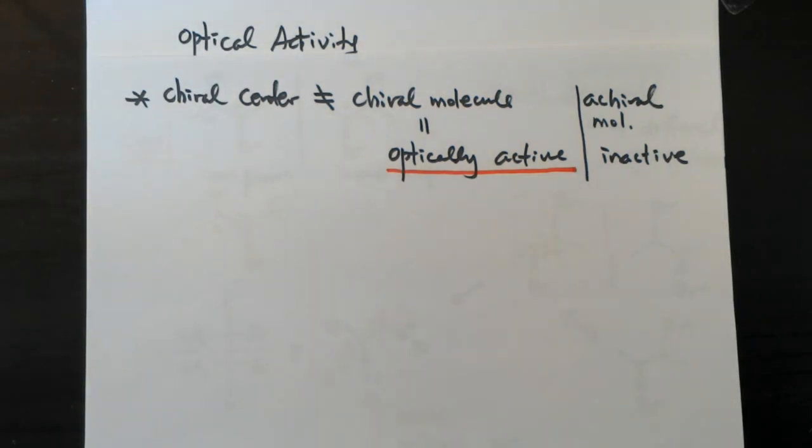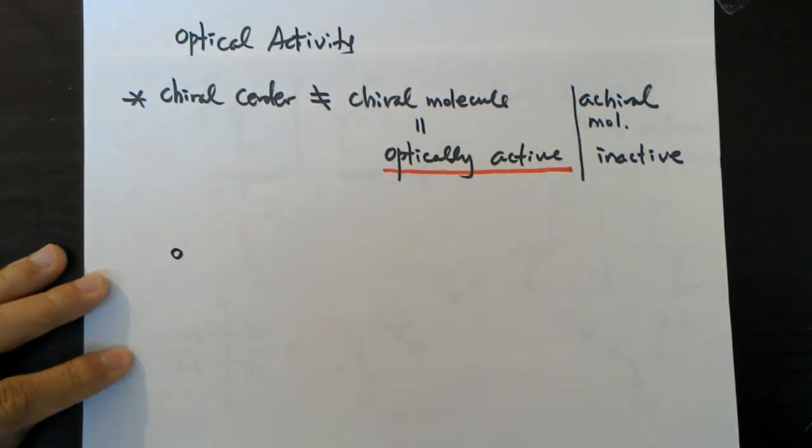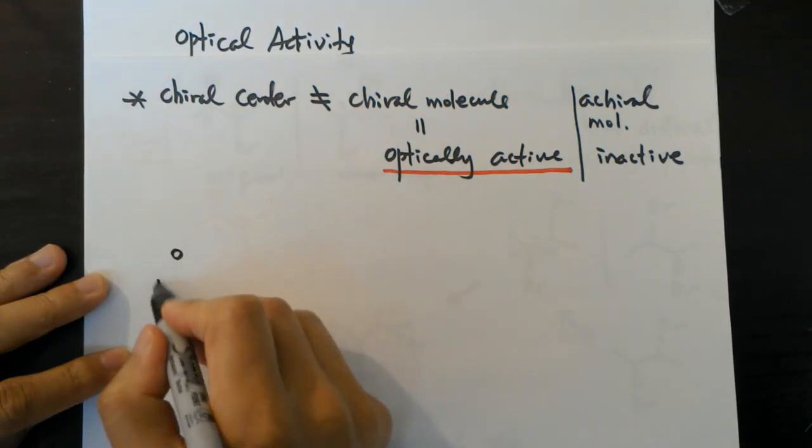In order to explain optical activity, I have to briefly mention the nature of light. Light is known as a pure energy form, and this is your photon.